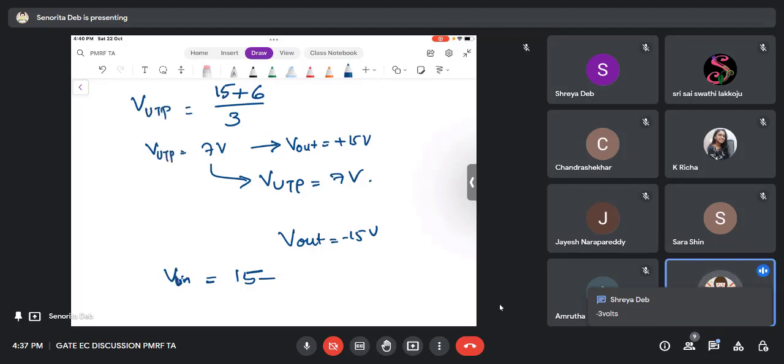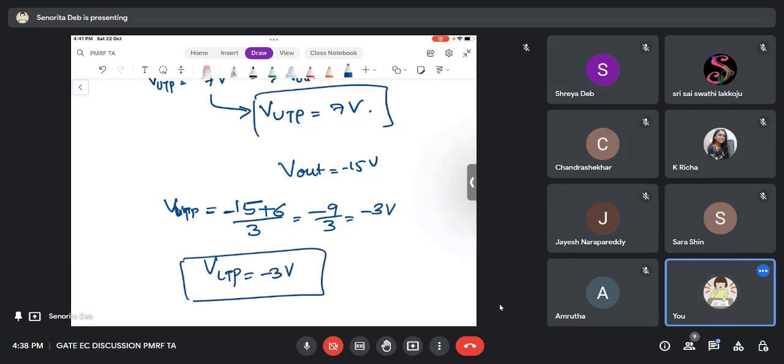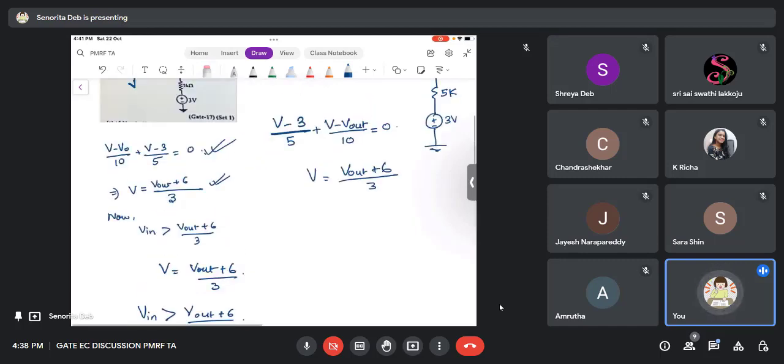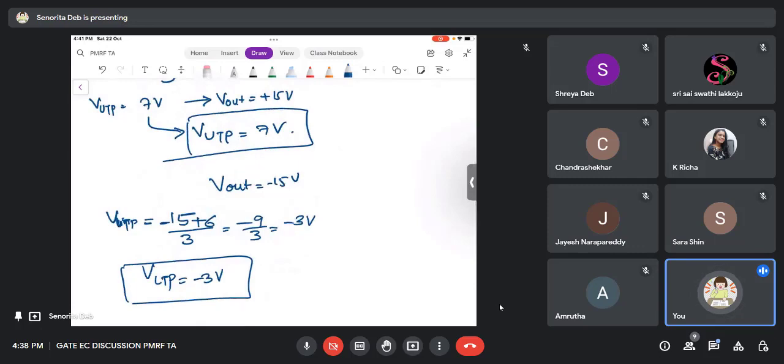So VLTP is equal to (minus 15 plus 6)/3, which is nothing but minus 9 by 3, minus 3 volts. So VLTP is minus 3 volts. So this is the answer. VUTP and VLTP were asked. In this question I have not mentioned the options. It was an option based question, not a numerical answer type, and this is how it came to be.